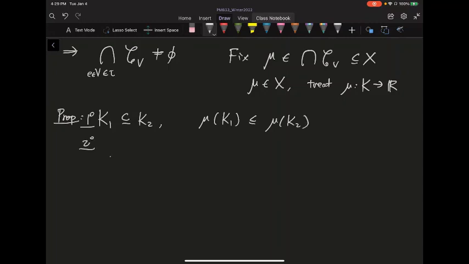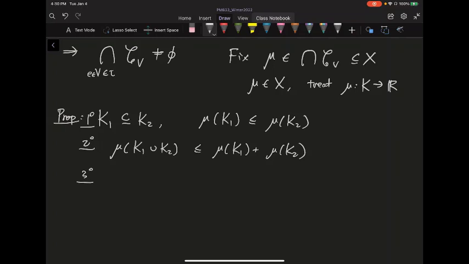And second, I want to show that it's also subadditive: mu of K1 union K2 is less than or equal to mu of K1 plus mu of K2. And the third one: from last time, we need two compact sets that are disjoint, but not only disjoint, actually separated by some open sets. If you right multiply by some V inverse, then their corresponding mu V is additive.